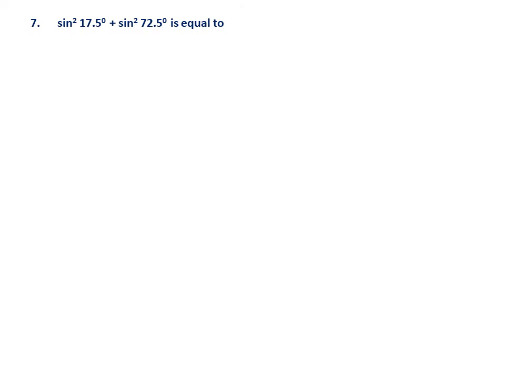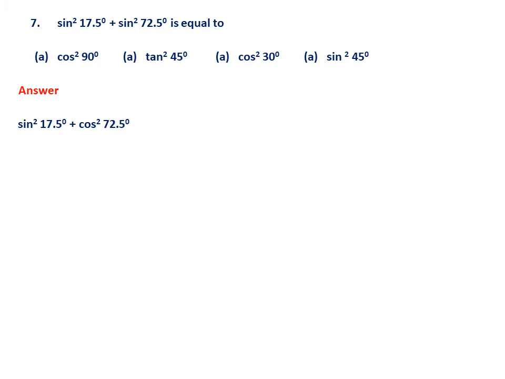7th one. Sine square 17.5 degree plus sine square 72.5 degree equal to. So answers given are, of course, every answer is also given in terms of degree only. So first, sine square 17.5 degree plus sine square 72.5 degree will be equal to, sorry, there is a mistake in the question.